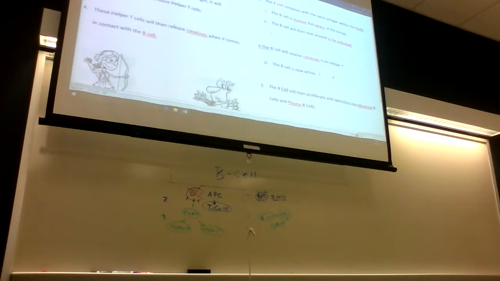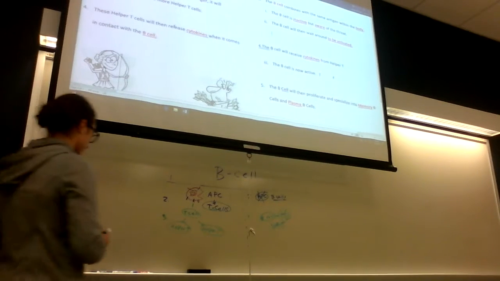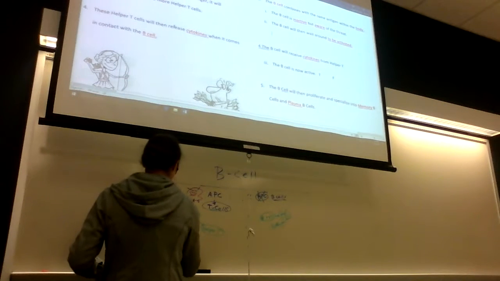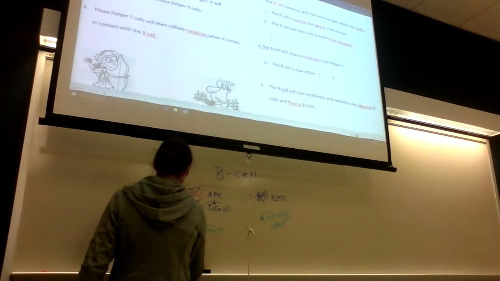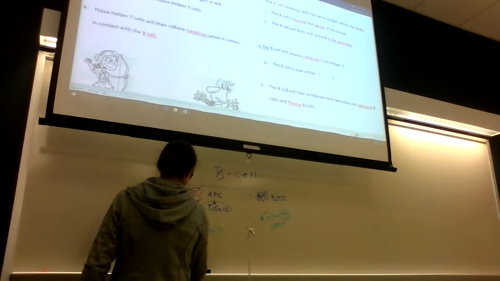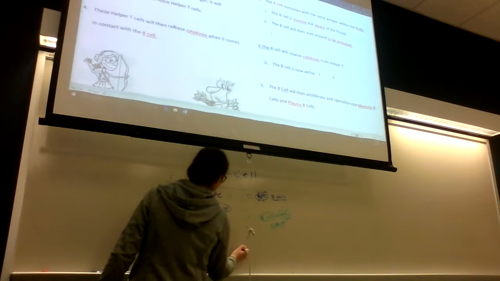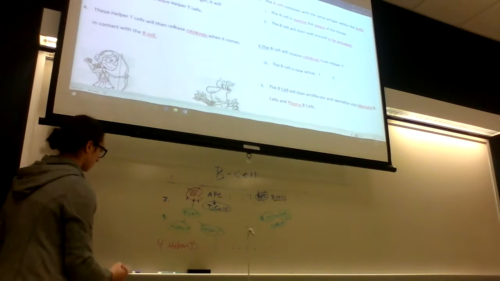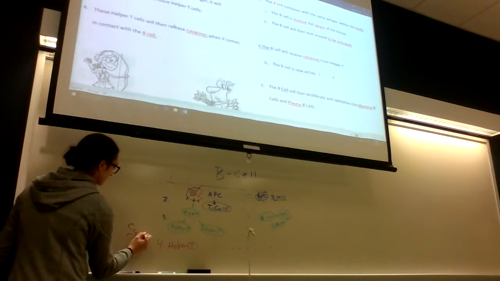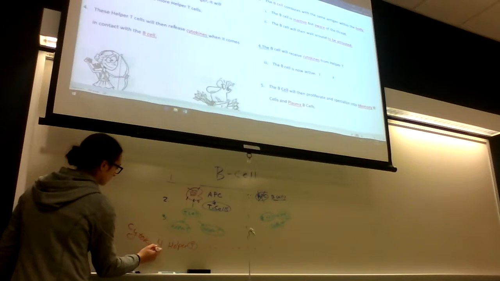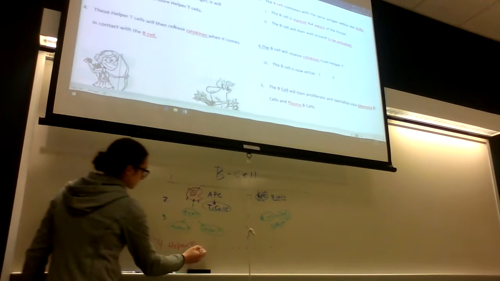So step 4, now this is the good stuff. Your helper T cell will then secrete cytokines. Earlier it was interleukin, now it's going to be cytokines. That's what this chemical is.